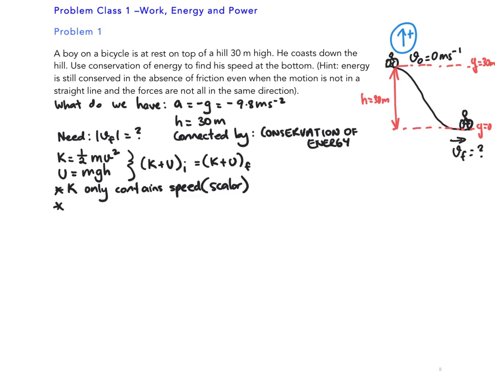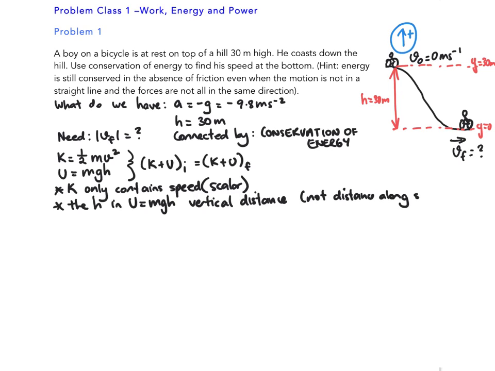A couple of other things. The h in mgh, U equals mgh, is the vertical distance that the boy and the bike move, not the distance along the slope. So it's the vertical distance, not distance along slope.